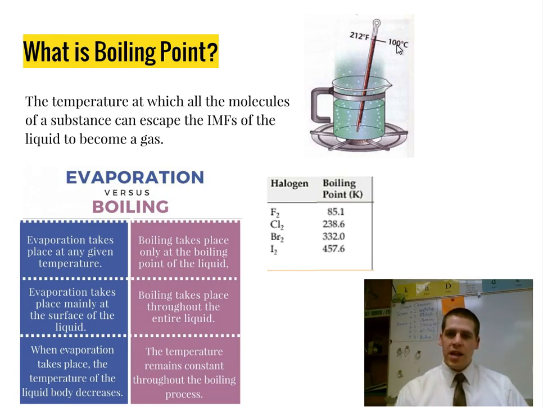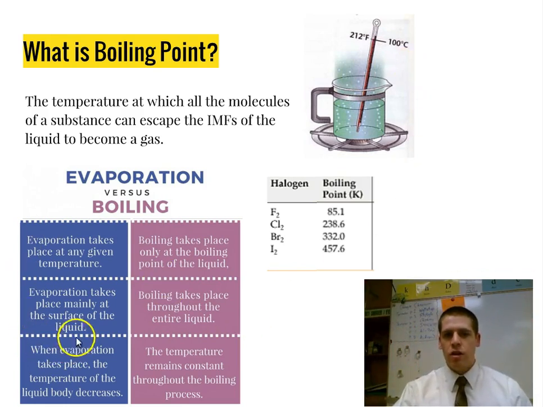So when it gets to 99 degrees, it's still only evaporating at the surface. But when you get to 100 degrees, now all of a sudden there's enough energy inside the liquid throughout the entire pot that the molecules can separate from each other. They're overcoming their IMFs anywhere in the liquid, right? And so you get these bubbles, water gas basically coming up through the water because those molecules have separated from each other.